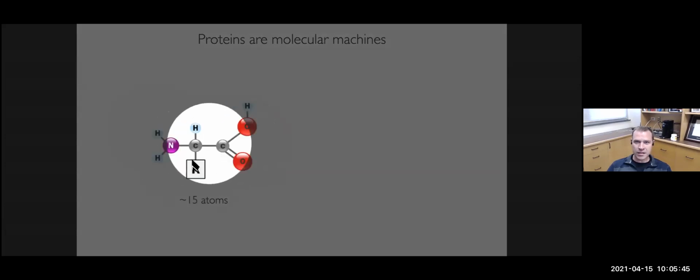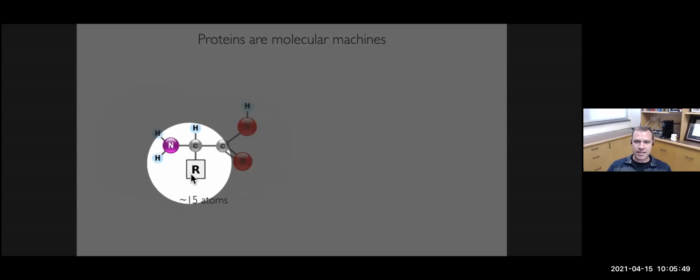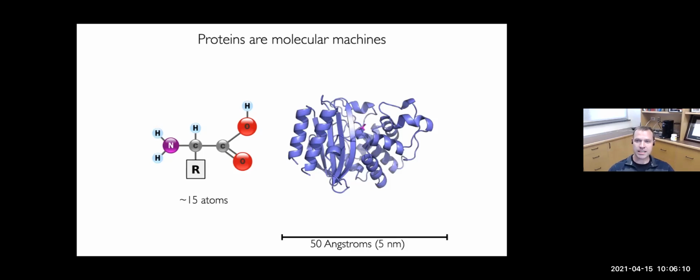They have a common set of atoms that we call the backbone, and then each is decorated with one of about 20 different choices for this R group here called the side chain, right? So you have this linear chain of amino acids, and somehow the way that these chemicals push and pull on each other allows many proteins to spontaneously fold up into a compact three-dimensional shape that's capable of performing some function.